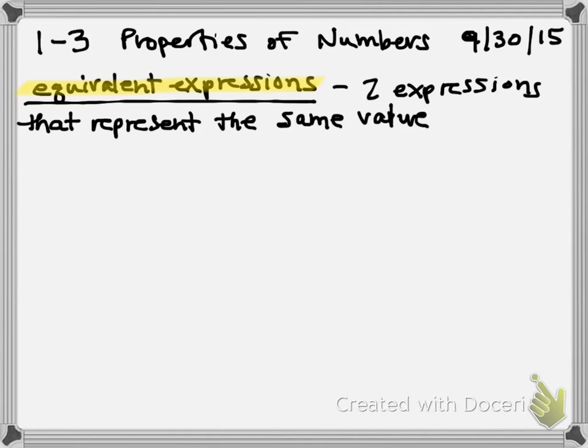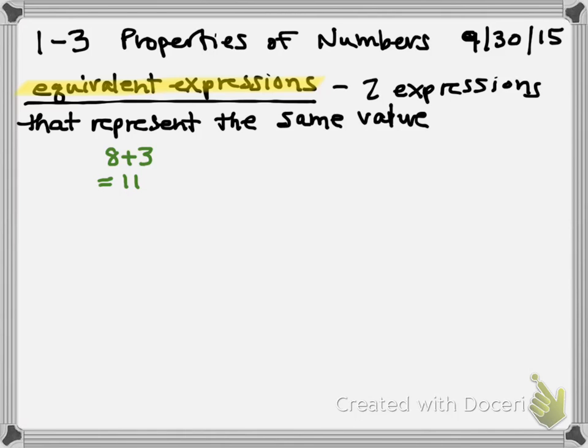So these two represent the same value, and there's all sorts of ways that it could be given. So for an example, when you were doing homework last night, you may have had to do some adding. So you may have had something like 8 plus 3 in one part of the problem, and then you substituted in 11 for it because they're equivalent to each other.